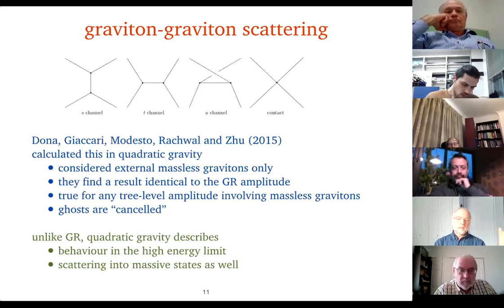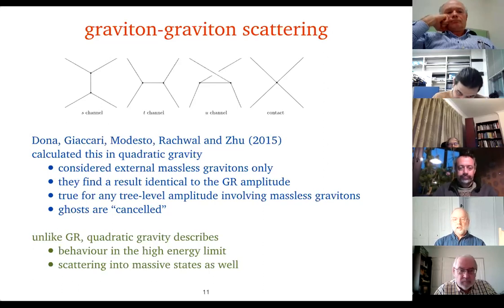And these authors, well, first of all, this seems to be true for any tree level amplitude involving only massless gravitons and possibly normal matter. So in this kind of amplitude, the ghosts in the theory are canceled.